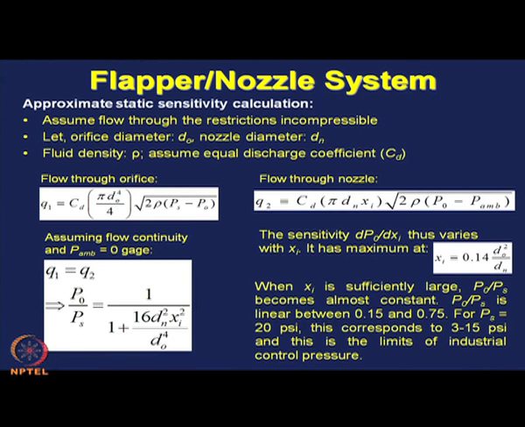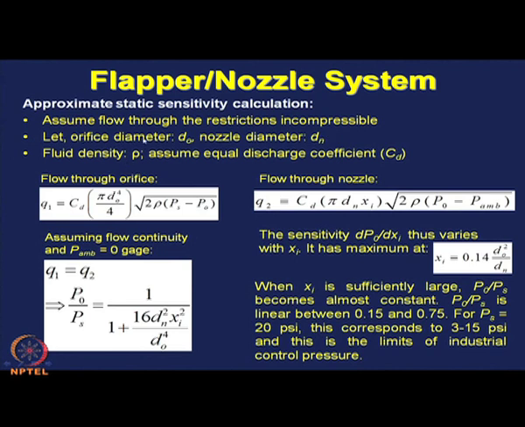Let's now try to find out the approximate static sensitivity for the flapper nozzle system. Let's assume flow through the restrictions is incompressible. So, we assume flow through the orifice and flow through the nozzle are incompressible.